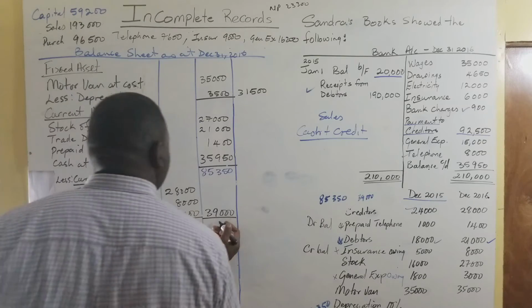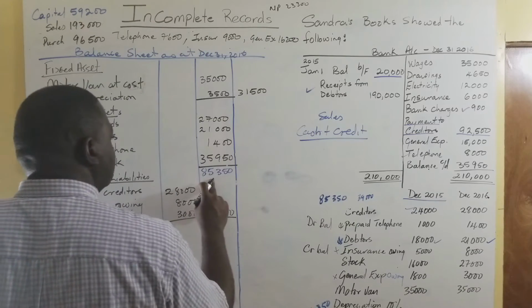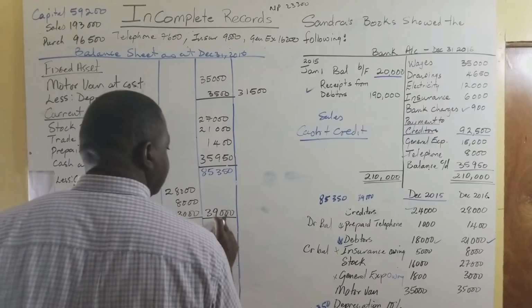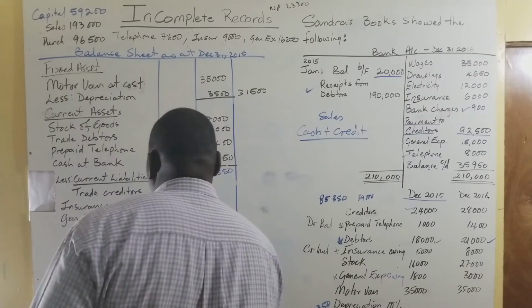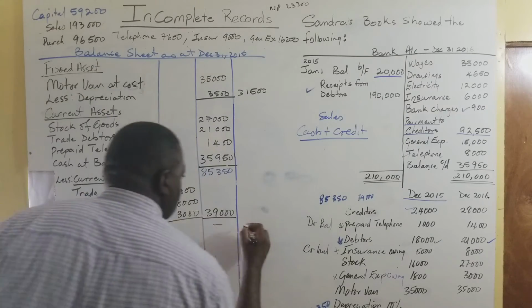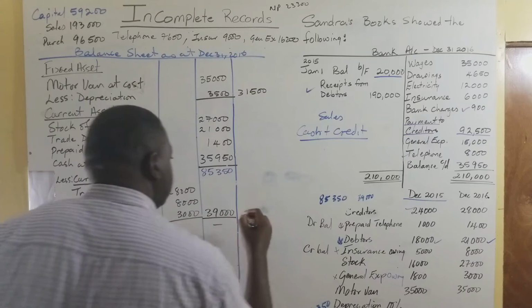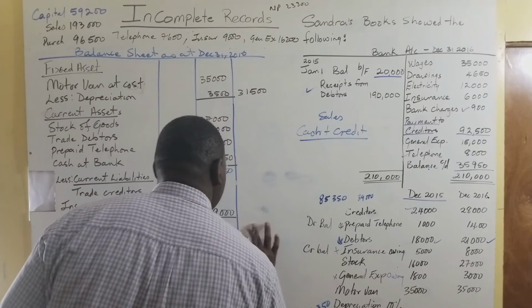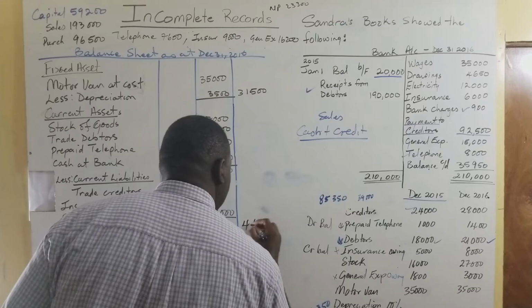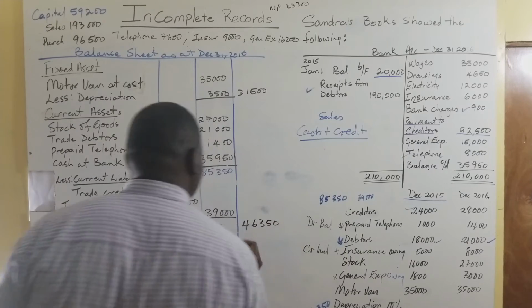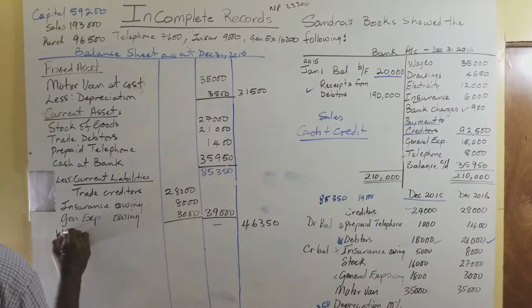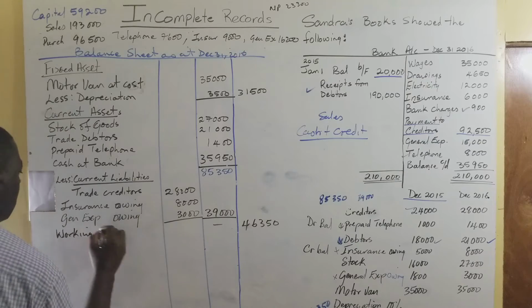We're going to subtract total current liability from total current asset. And when we subtract that, we're going to get a figure of 46,350. That is going to be our working capital.